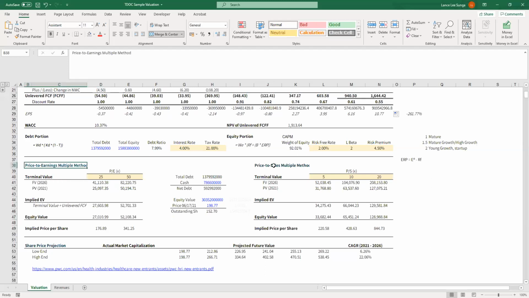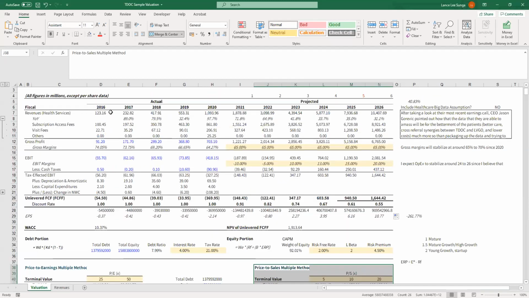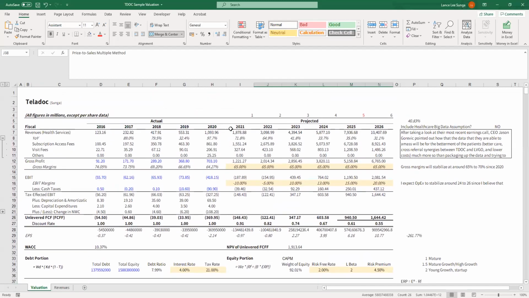There are 2 multiples that are important: the PE ratio and the PS ratio. Usually we use the PS ratio for companies that aren't earning yet. For example, Teladoc hasn't netted an income yet. As you can see, even in my forecasts, the first 2 years are actually net loss per year.